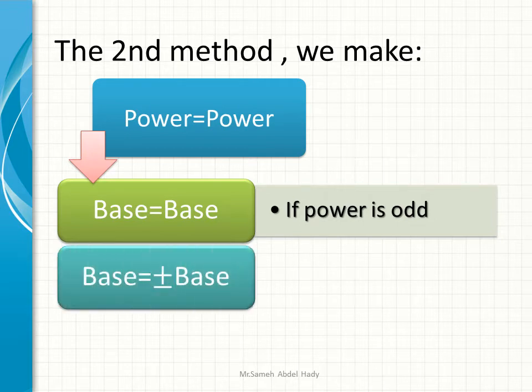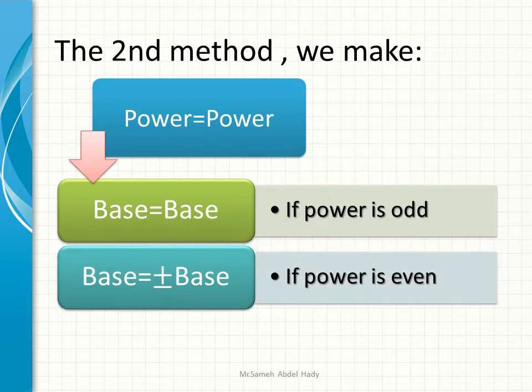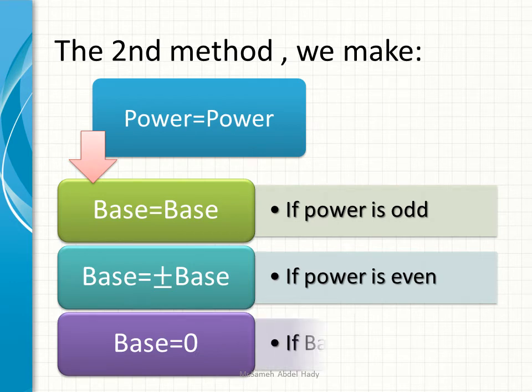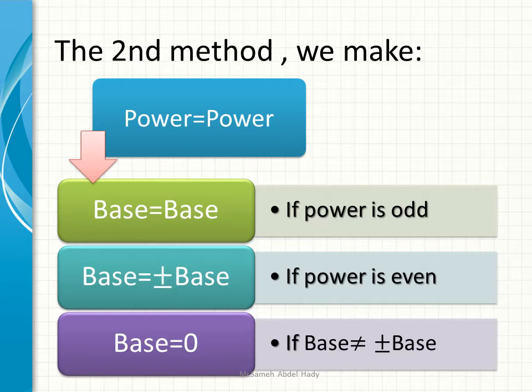The second case, I will have base equals positive or negative base. This is if the power is even. And the third case, I will have power equals 0. This is if the base doesn't equal positive or negative base.